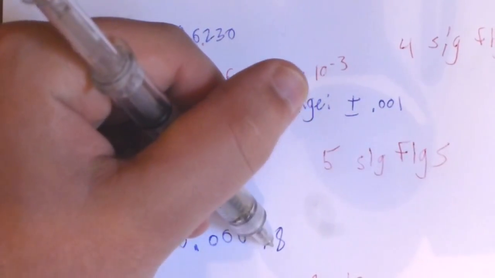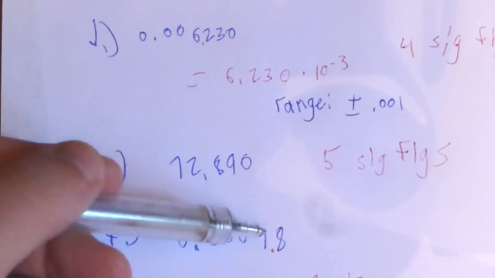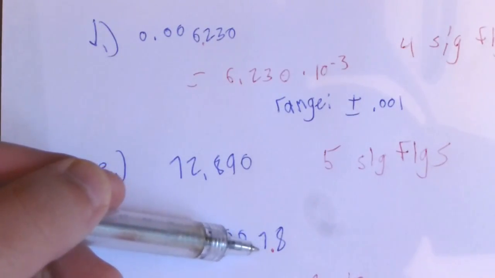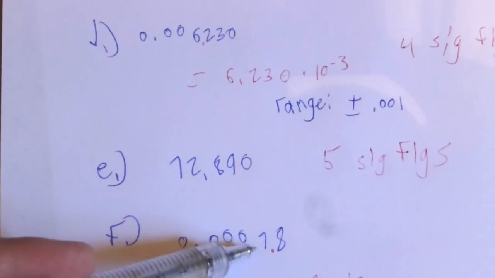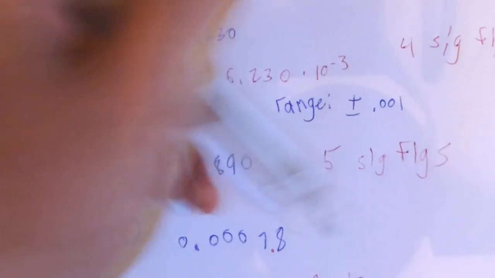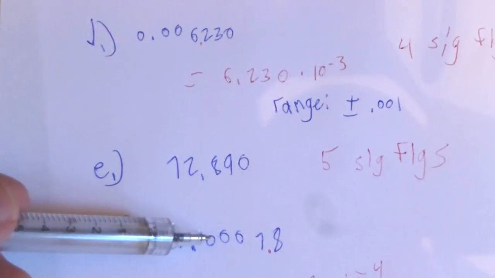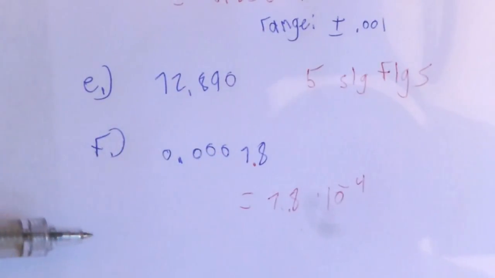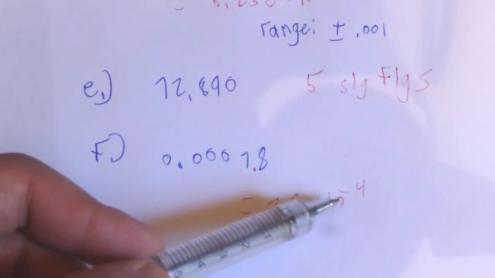You move your decimal point in between the numbers 1 through 10. So 7 is between 1 through 10, so we put our decimal point there. We move this decimal point back 1, 2, 3, 4. Let me recount just to make sure. 1, 2, 3, 4. 10 to the negative 4. We count zeros that act as placeholders as insignificant. And what I mean by placeholders is that they can be represented as 10 to the negative 4.